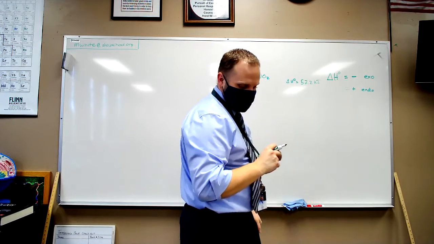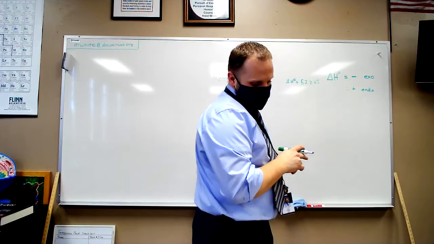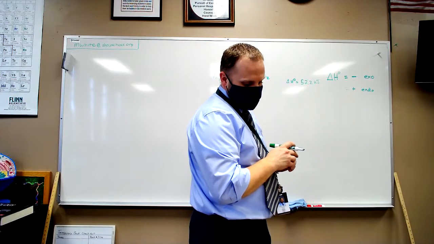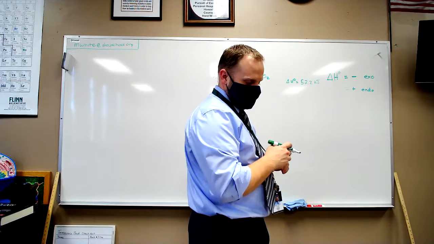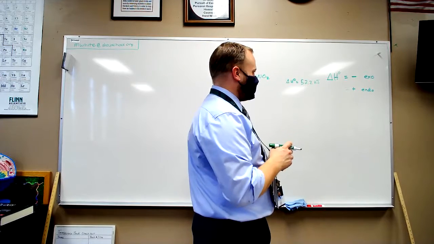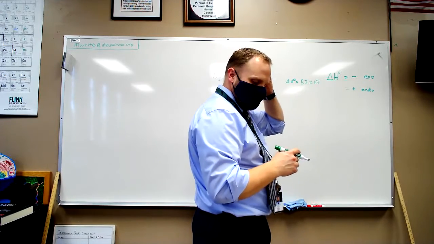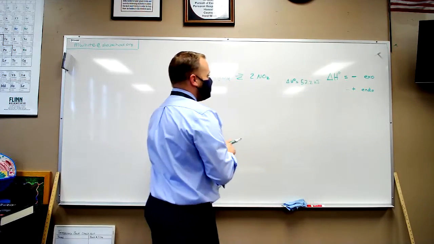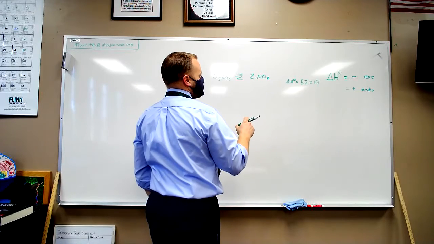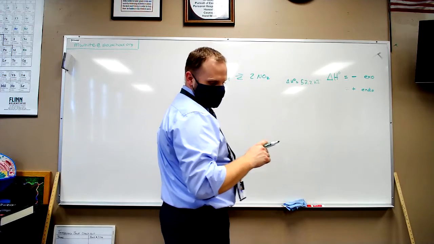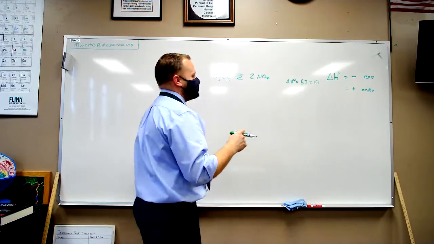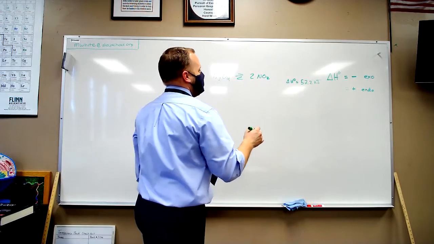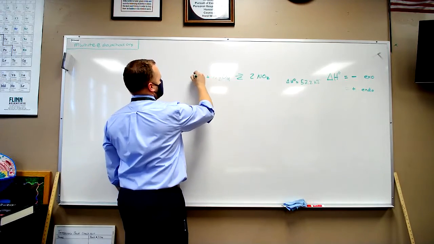We just want to make sure we remember that. We can shift this equilibrium. So it's a positive one, so it is endothermic. I don't know why it took me so long to come up with that. So we can put it over here.